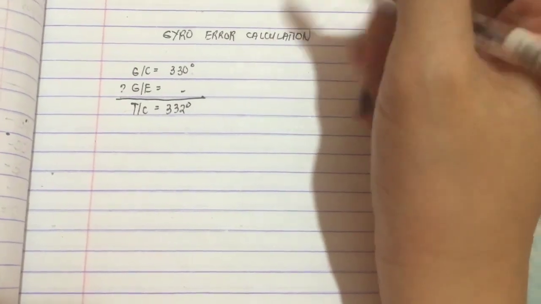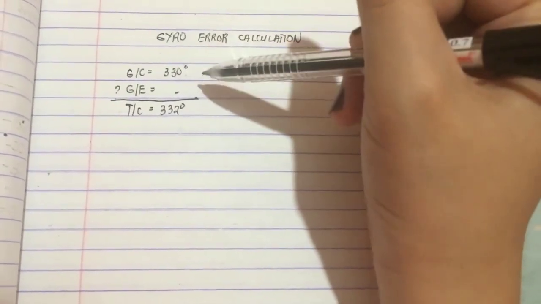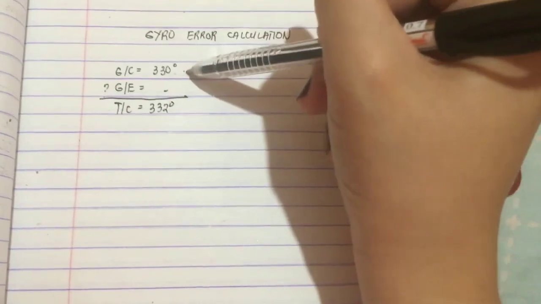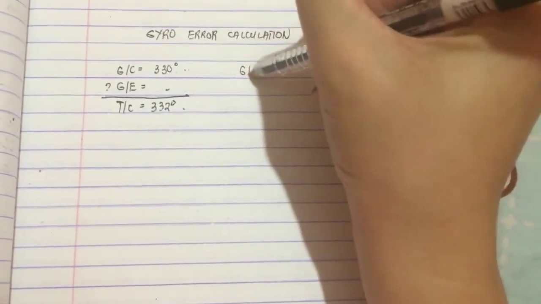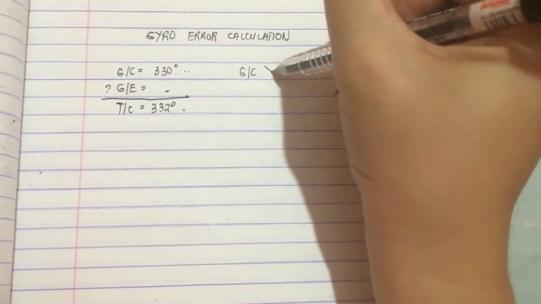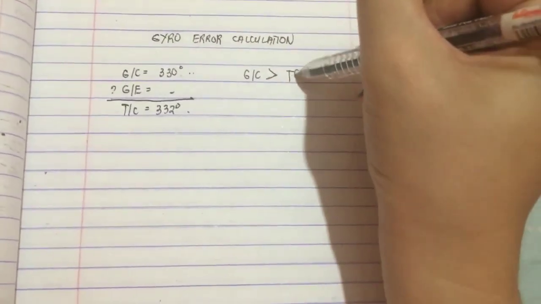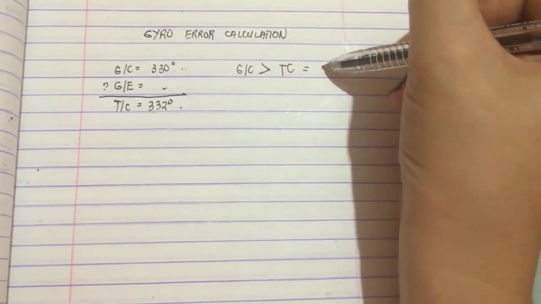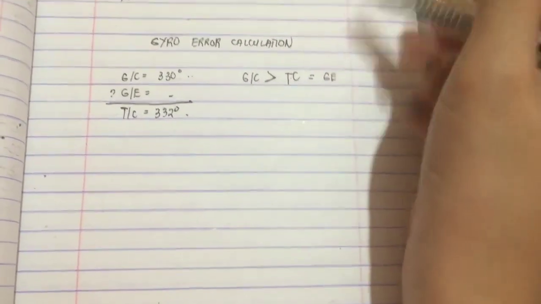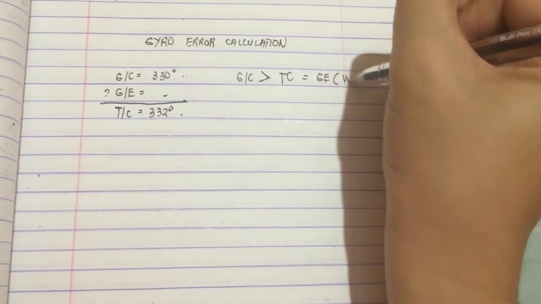So first thing to do is we should identify if gyro course is greater or less than true course. If gyro course is greater than true course, which means gyro course is best, our gyro error will be west.